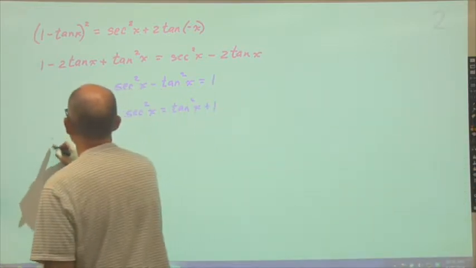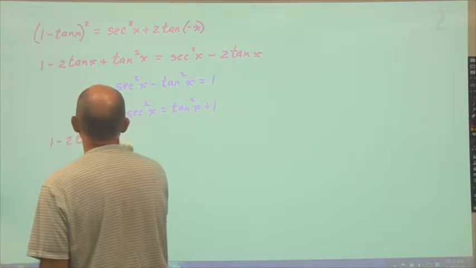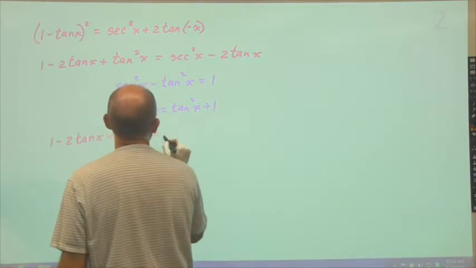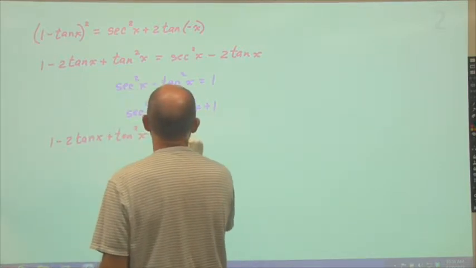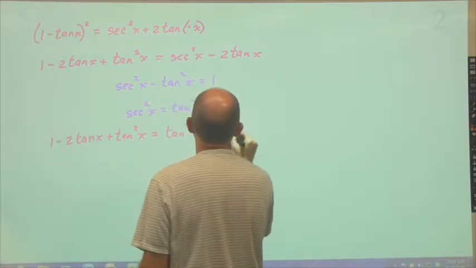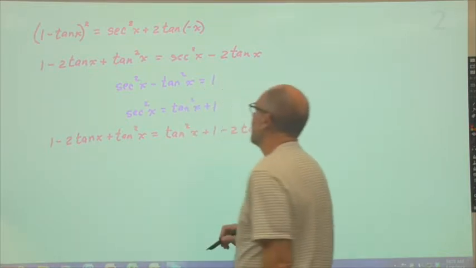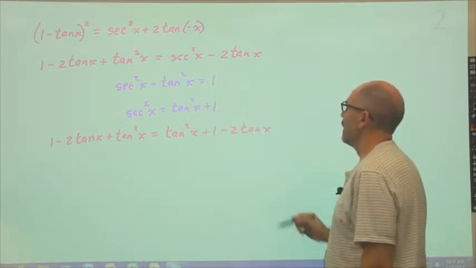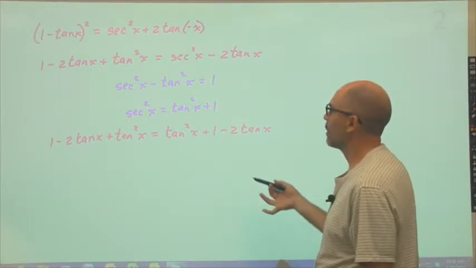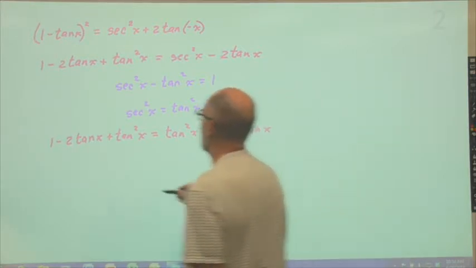So I have 1 minus 2 tangent x plus tangent squared x equals tangent squared plus 1 minus 2 tangent x. Now you can see that we just have a rearrangement, basically the commutative property of addition, that can make these things the same.